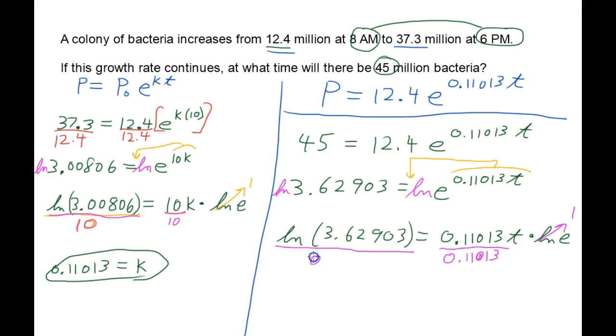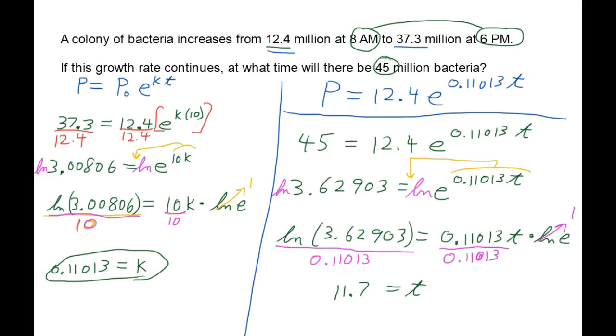And remember, when you type this into your calculator, if you type it in all at once, close this parentheses and then divide by 0.11013. And you will get a time of 11.7. I'll just round there. 11.7 equals t.